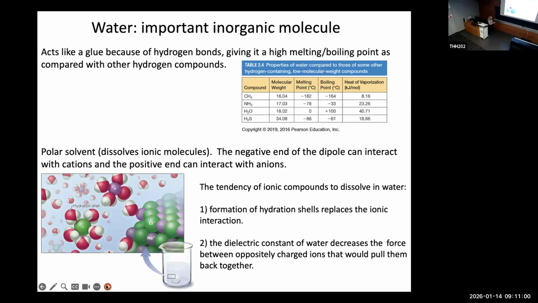Okay, and so what's going on when you mix salt, which is a crystal here, of sodium ions and chloride ions, which are bound together in ionic bonds, salt dissolves in water because it can interact with either of those ions on its own. So if we mix salt and water, the chloride ions, which have a slight negative charge, which end of the water molecule do you think they'd be associating?